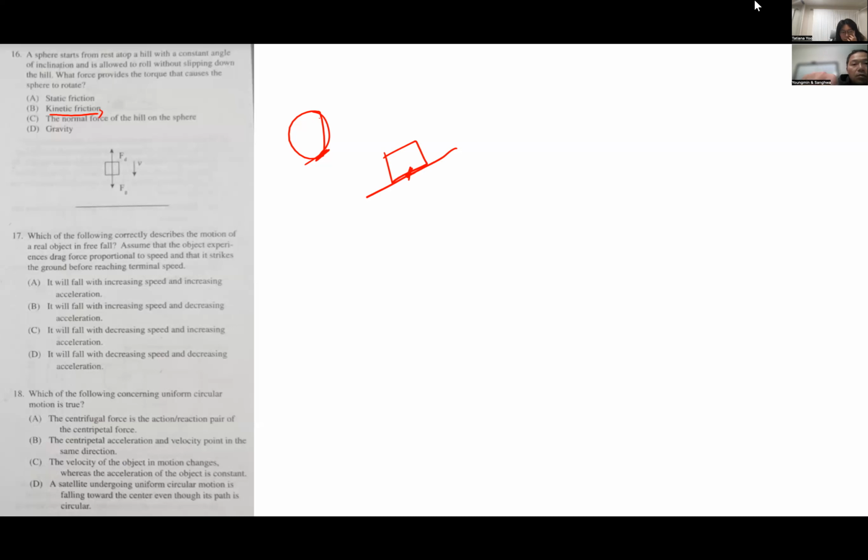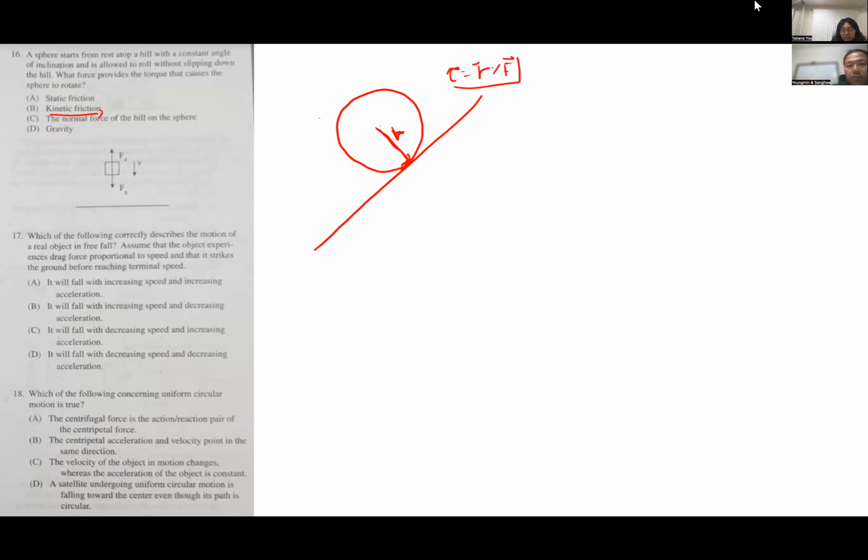So let me just draw the picture. You have the inclination and you have the sphere, and this is the radial component, and the torque is R cross product F, right?